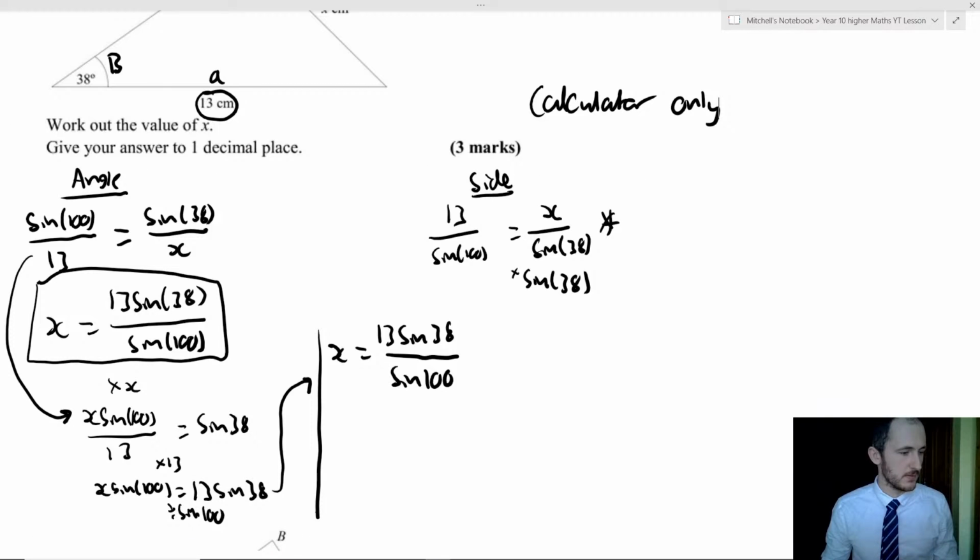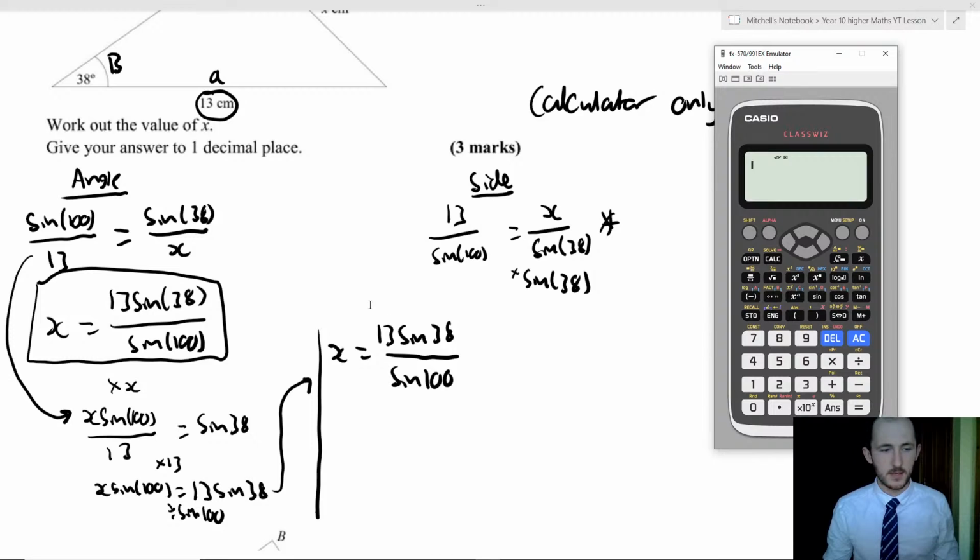But now if we go to the calculator, all we're going to do is enter that exactly as it looks. Oh, and player, did you want me to repeat anything, or did you manage to catch everything? 13 sine. Sine.